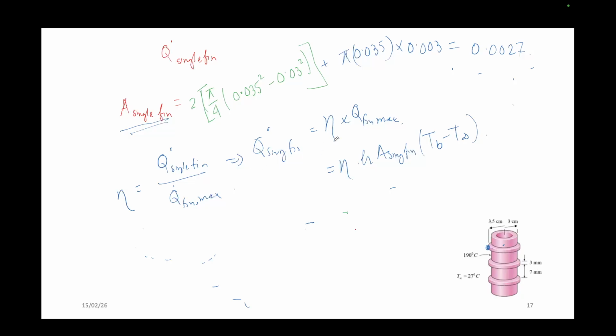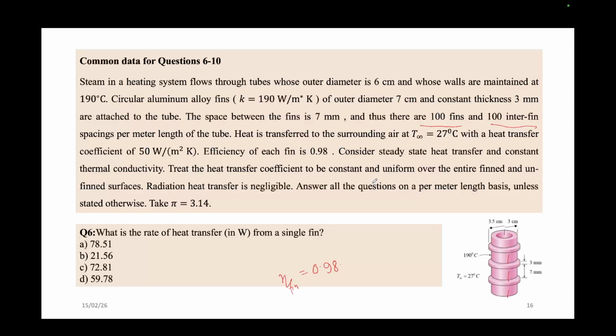Why are we using efficiency here? This is because the surface temperature at the end of the fin is not given. If it is given, you can directly use h A into this one, where in place of T b it will be T L minus T infinity.